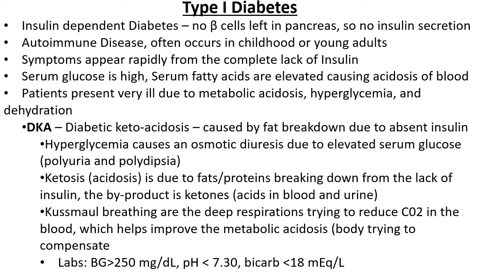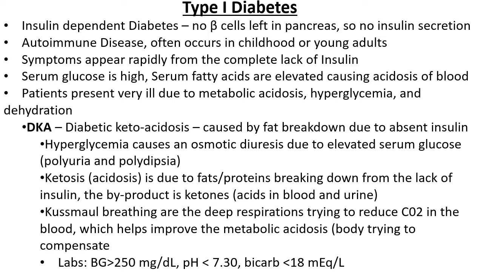So in type 1 diabetes, the symptoms are going to occur very rapidly because there's a sudden loss of insulin from this autoimmune disease on the pancreas. And when insulin disappears, a whole lot of things happen. Okay? First thing that's going to happen is serum glucose will become high.